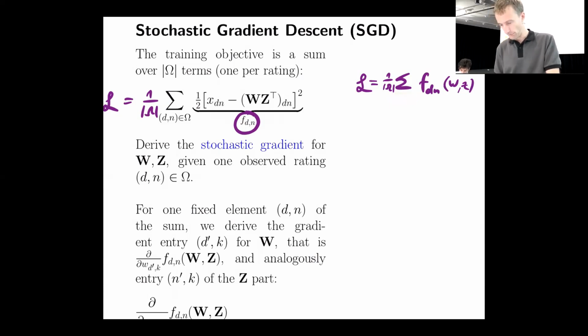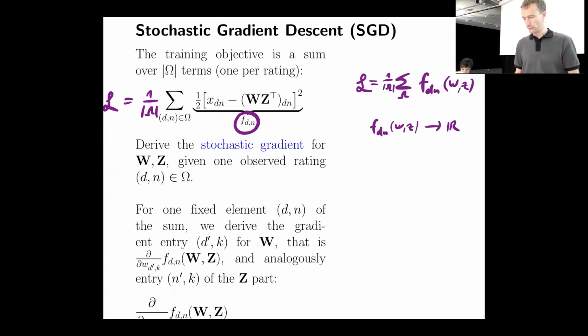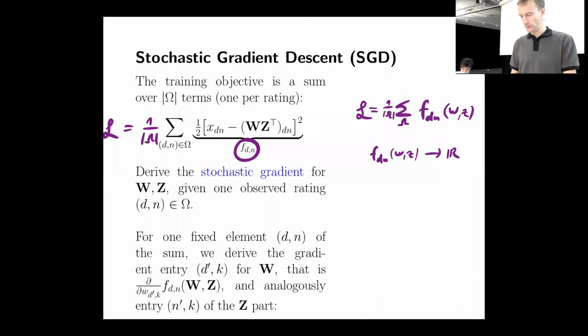If you do a stochastic gradient step, we just take one of these F_dn, where dn is a joint index, a pair, and each pair is a function. It takes these two matrices and outputs the loss, where you pay the squared error to the true rating.